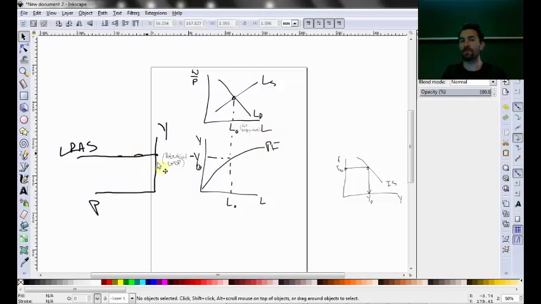If my labor supply shifts to the right or to the left, or my labor demand shifts, my equilibrium level of employment is going to shift, which is going to shift my long run aggregate supply curve. So anything that causes changes in these markets is going to cause a change in the long run aggregate supply.